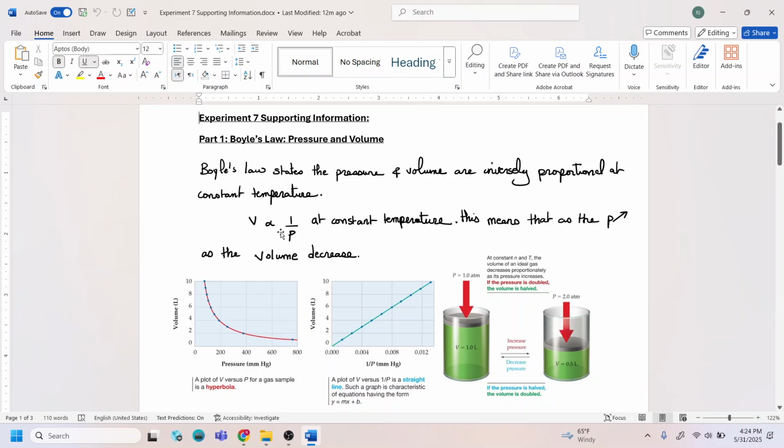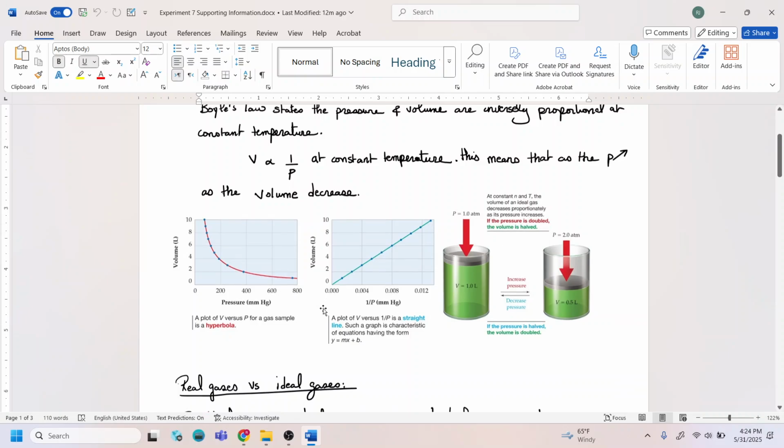As you increase the pressure, you decrease the volume. If you increase the pressure, you're going to compress the gas molecules and the volume is going to decrease. The relationship between the volume and the inverse of the pressure is linear, but we don't need to plot any graphs in this experiment.